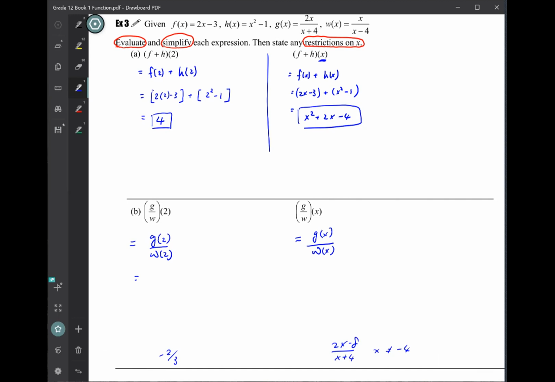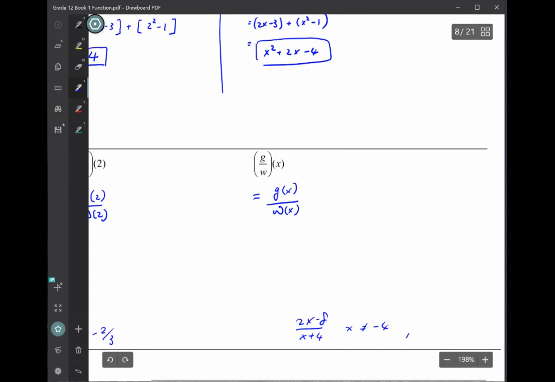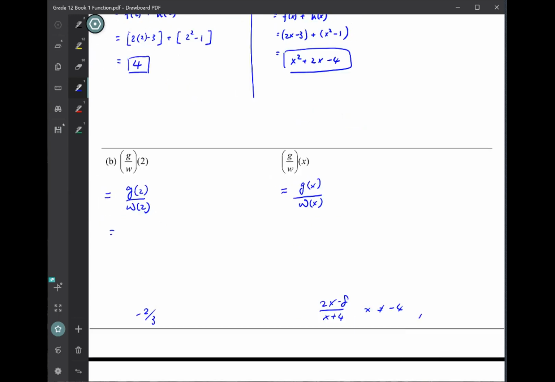Emily, how far are you? I got the same answer for the first one, but I don't know about the second one. You got something different. Okay, what do you have? I got x squared minus 2x.